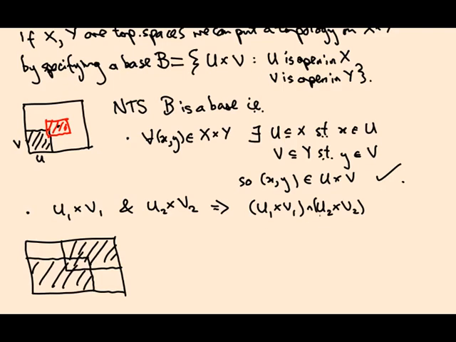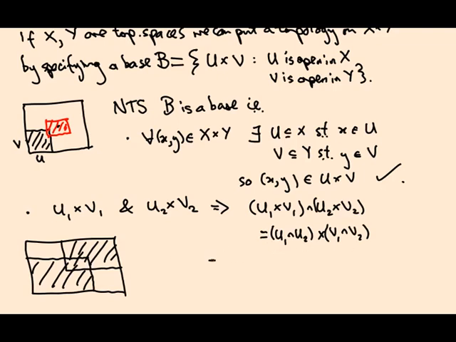And that's true because u1 times v1 intersect u2 times v2 is the same as u1 intersect u2 times v1 intersect v2. And if u1, u2, etc., are all open, then u1 intersect u2 is open and v1 intersect v2 is open. So this is a basic set. In particular, this is a union of basic sets.